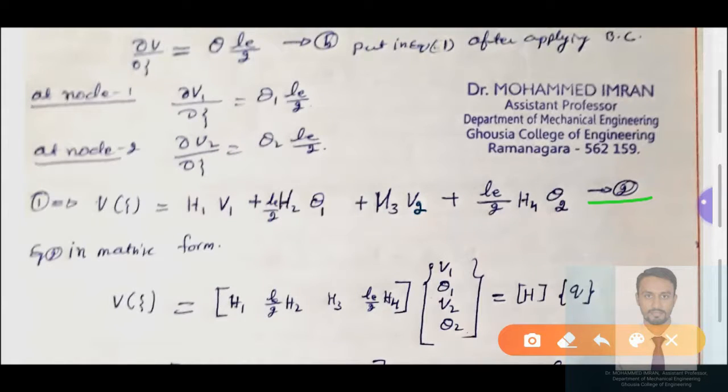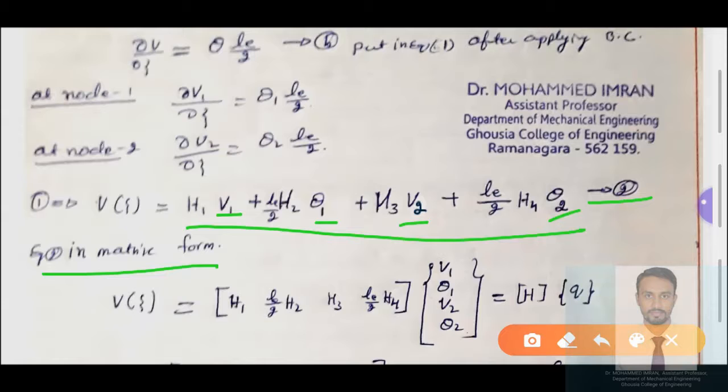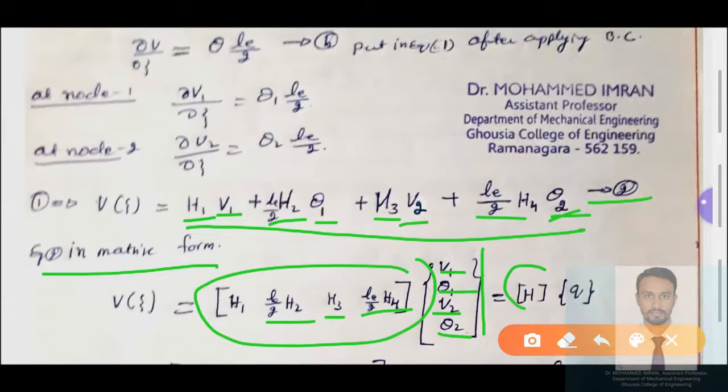This equation number 2 in matrix form: take v1, theta1, v2, theta2 common as a vector. The coefficients of these values are: v1 coefficient h1, theta1 coefficient Le by 2 h2, v2 coefficient h3, theta2 coefficient Le by 2 h4, and this we call h.